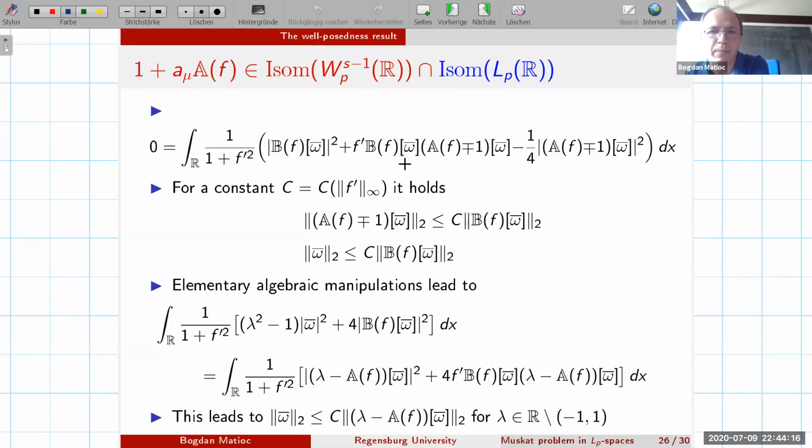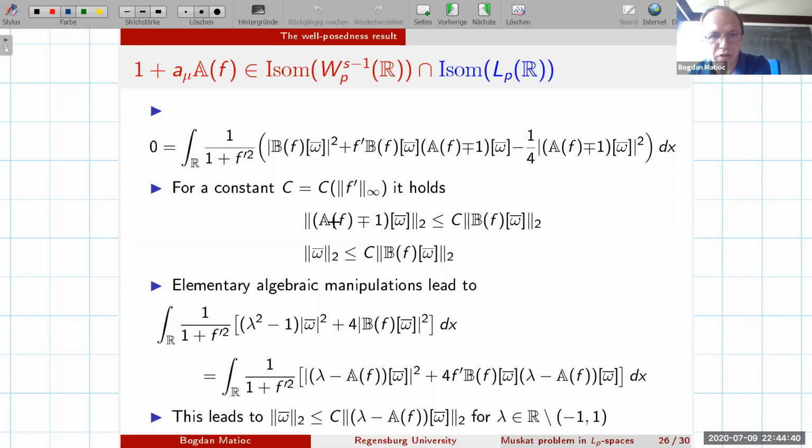This term can be estimated by using Hölder's inequality and Young's inequality. And then from this equation, one obtains the estimate saying that the L2 norm of A minus plus 1 at omega is less than a constant times the L2 norm of B evaluated at omega bar.